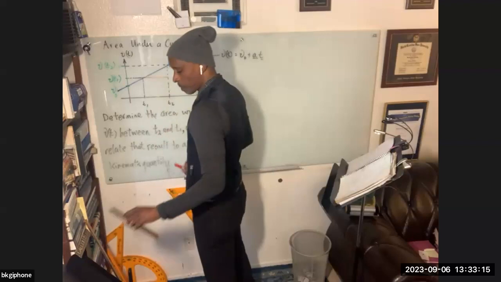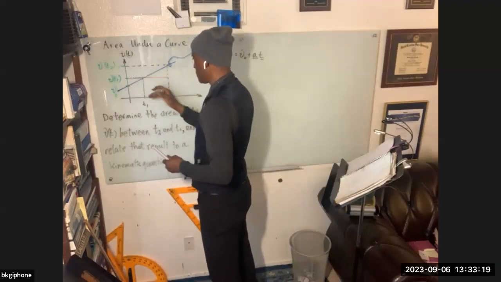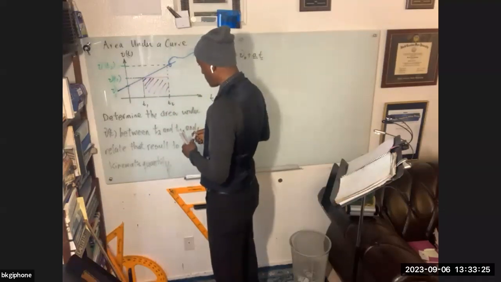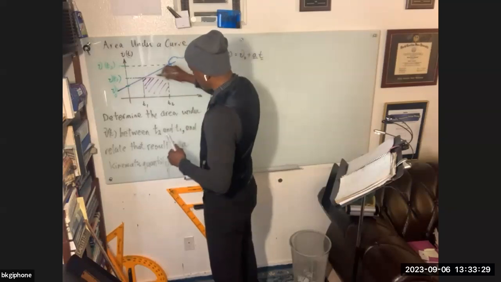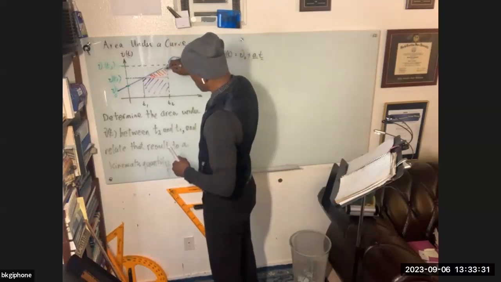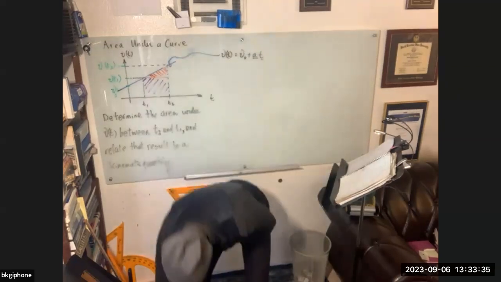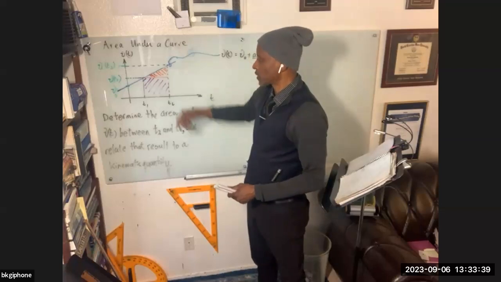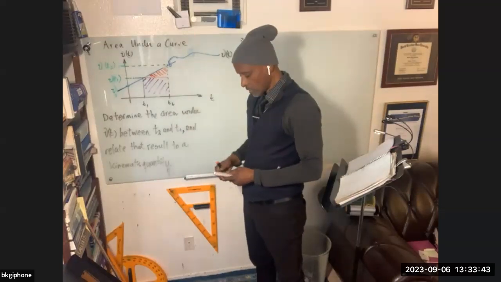One is a rectangular shape here, and the other is a triangular shape here. So if I use my formulas for area of a rectangle and triangle, I can find the area of that thing without having to integrate this function between T1 and T2.